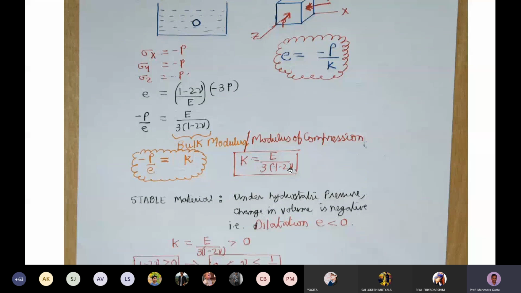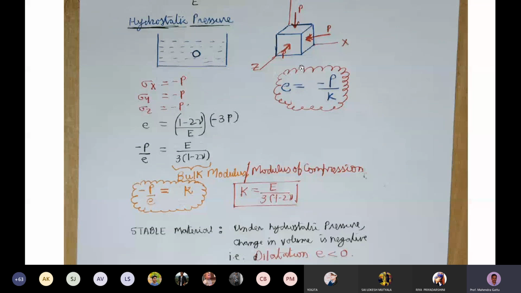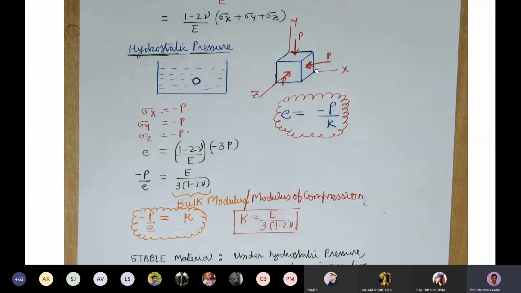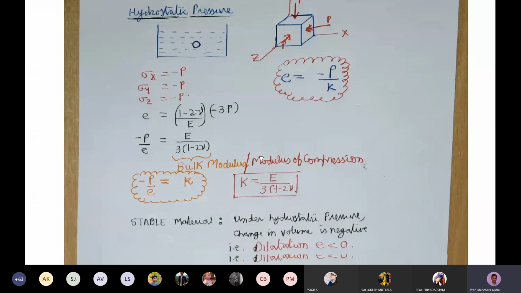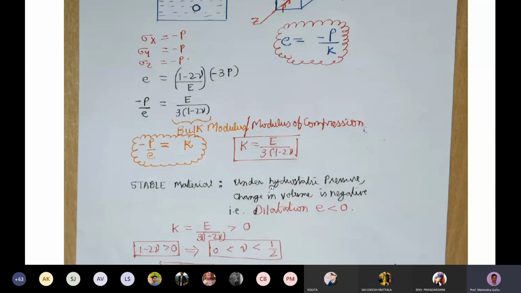Now if you look carefully, any body which is stable, unless it is a bomb, okay, if you think of a bomb, if you apply compressive force on the bomb, then it will blast, and there is an increase in volume. So that is an unstable material. But most materials are stable. If you have a sponge and you squeeze it, it will reduce in volume. So most materials are stable, and under hydrostatic pressure, the change in volume is negative.